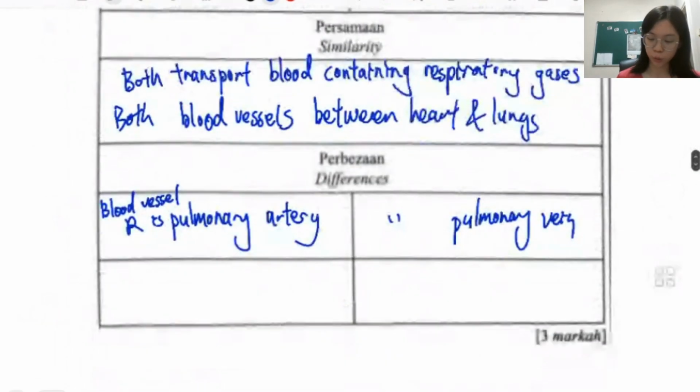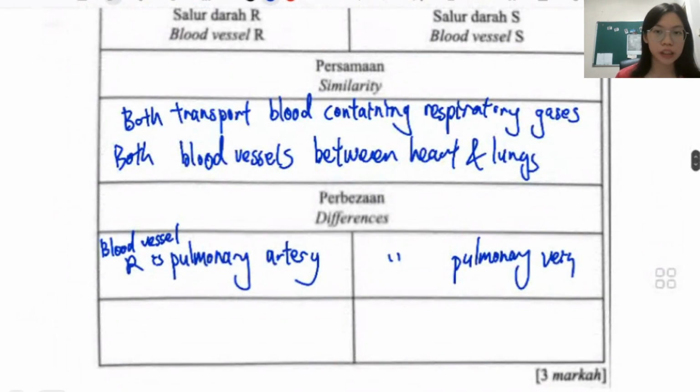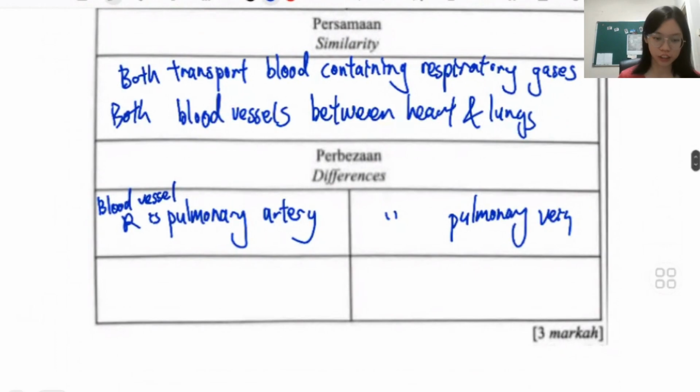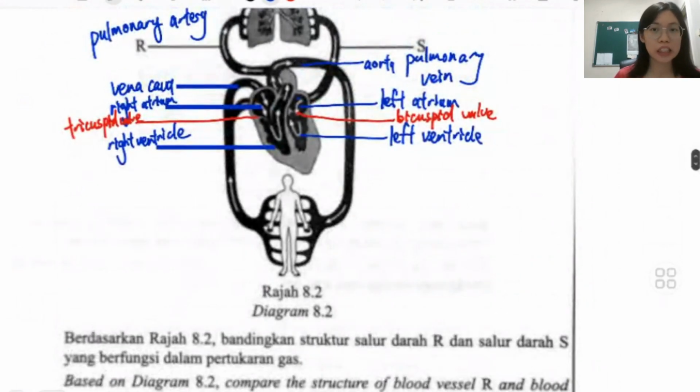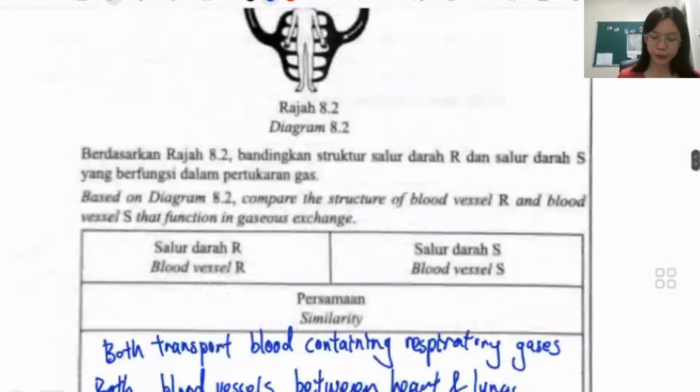So what are other differences? Other than stating their name, remember they have a difference in their function. So for blood vessel R, you have to add on: transport blood from the heart to the lung. It's very obvious, you can straight away see it from the diagram.